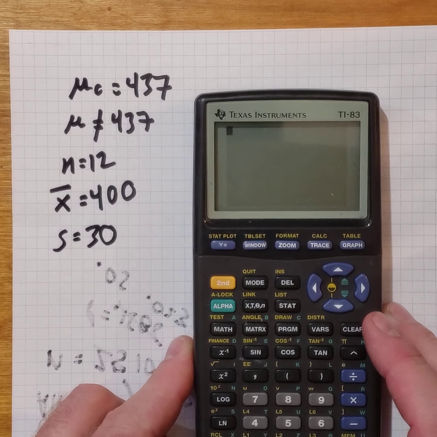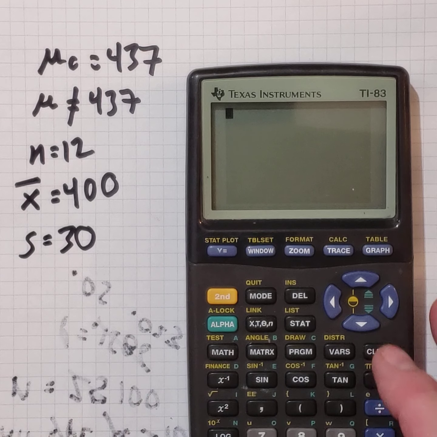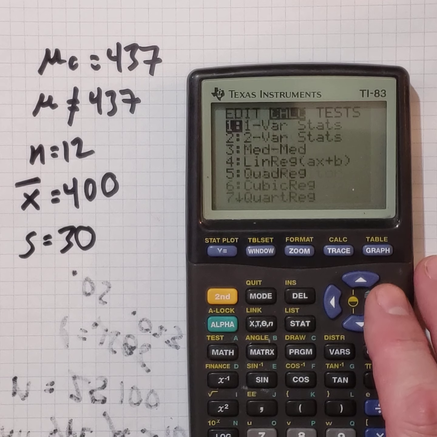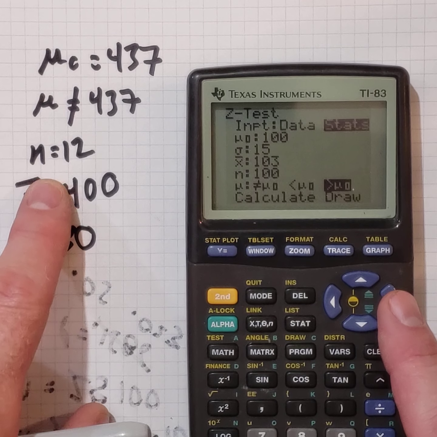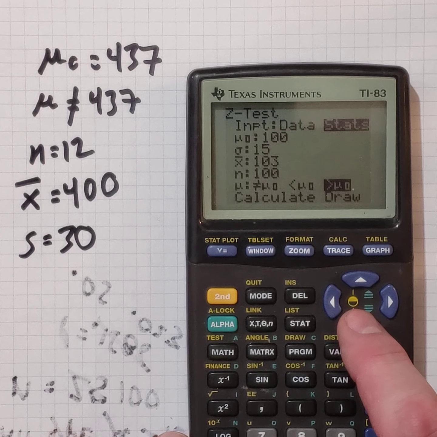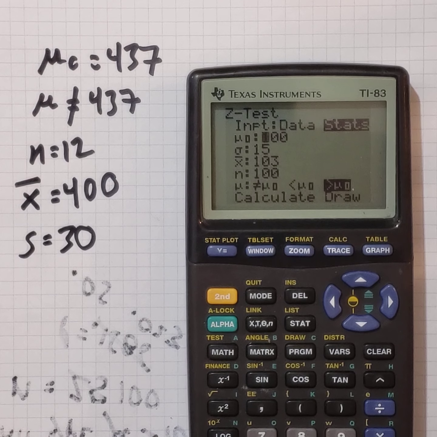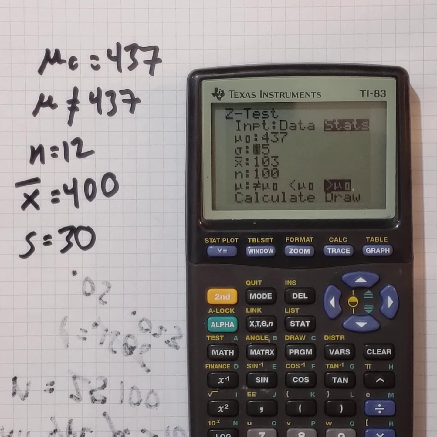All right, so let's put all this stuff in the calculator here. Let's go to stat, over to test, z-test. Now, we're going to talk about t next time. This is too small a sample to use z-test, but we'll go with it anyway. Mu naught, the number we're looking at, is 437. Standard deviation is 30.